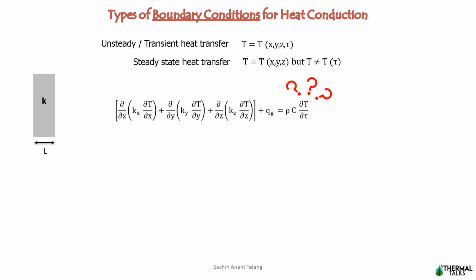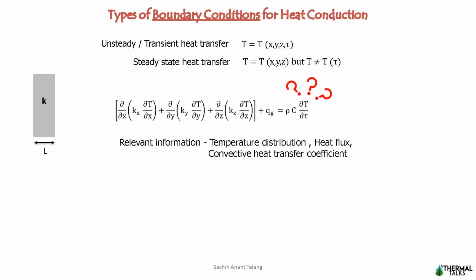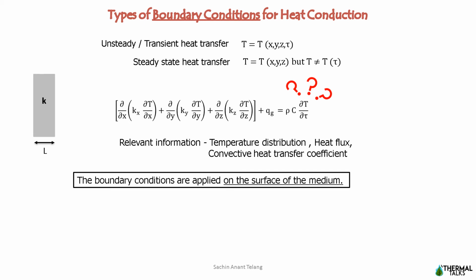Simply put, I have a material of thickness L and thermal conductivity K, and I want to solve heat transfer problems, but it is very difficult to solve the problem without relevant information. A well-posed heat conduction problem is one in which all relevant information is available to obtain the solution. And what is this relevant information? These are temperature distribution, heat flux, and convective heat transfer coefficient. This information is called boundary conditions, which are applied on the surface of the medium. It is necessary to know the values of temperature, heat flux, and convective heat transfer coefficient at the surface of the medium, or these must be calculated analytically, numerically, or experimentally so that heat conduction problems can be solved.